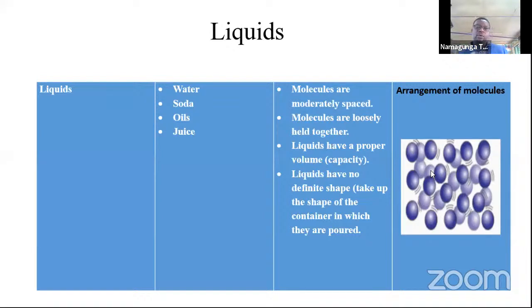Then number 4, which is our last point on the characteristics, I request Atrinda Medrin read for us the last characteristic of liquids. Unmute, please.